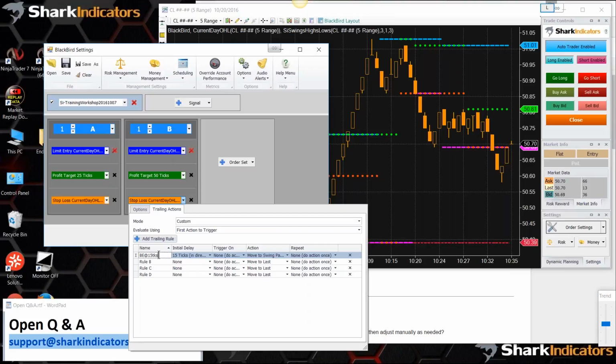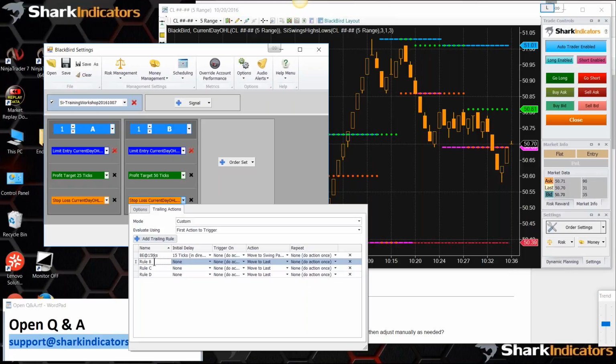So really, this rule wouldn't have priority over rule B, C, or D, because this one's only going to fire off first. Just to think this through out loud here.